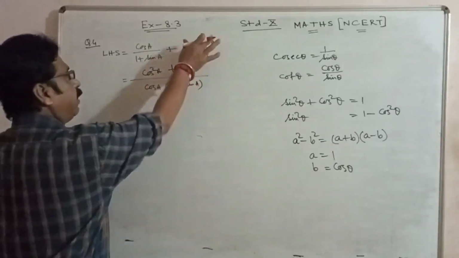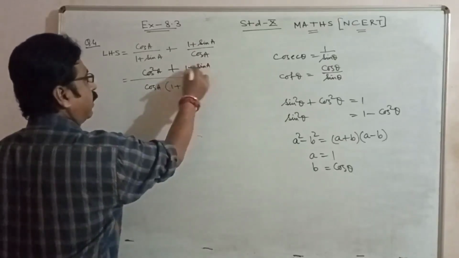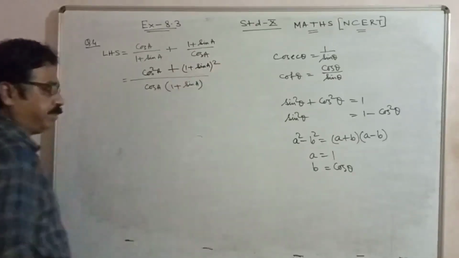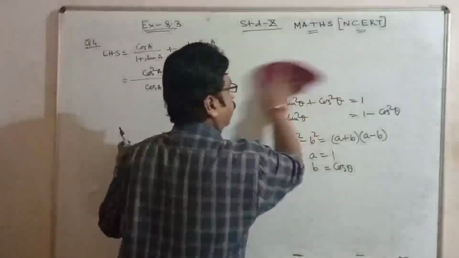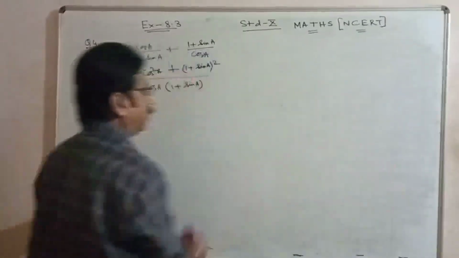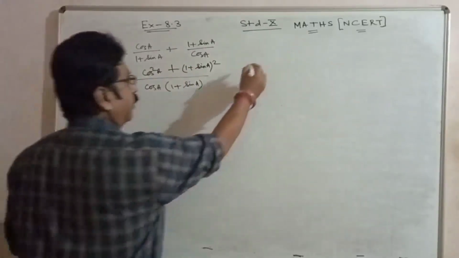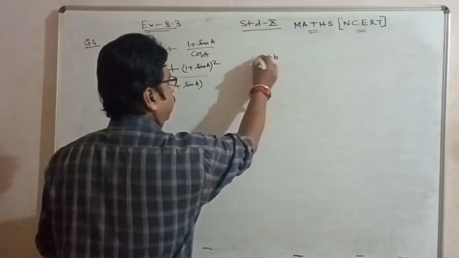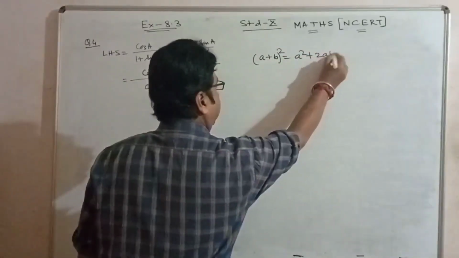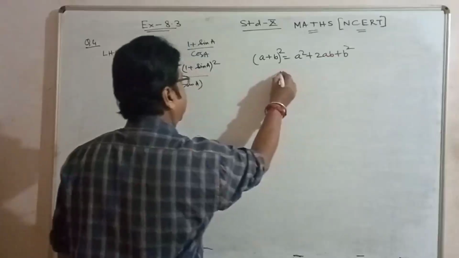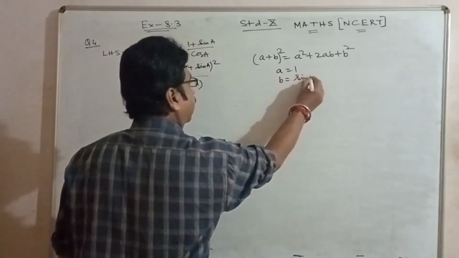This 1 plus sin A into 1 plus sin A means 1 plus sin A whole square. It is A plus B whole square, which means A square plus 2AB plus B square. A is 1 and B is sin A.